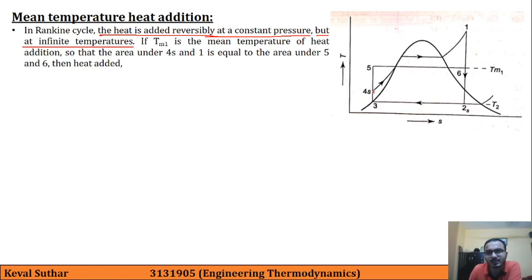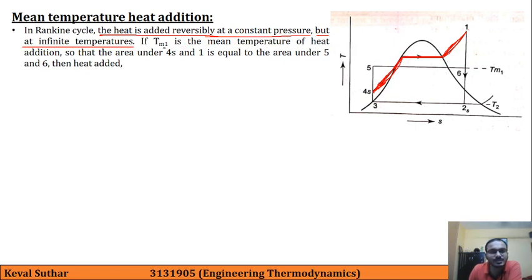That is, we are currently discussing about this portion. The heat is added reversibly at constant pressure but at infinite temperatures. So the temperature is completely variable during this heat addition process.